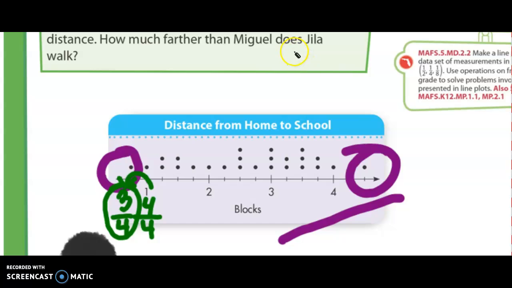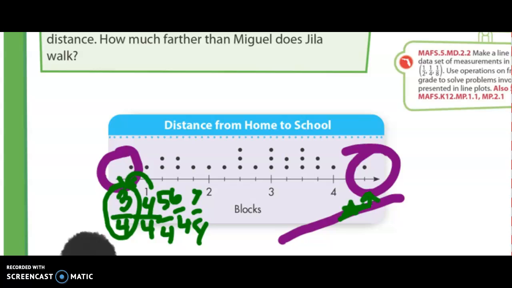Now for Jilla, she is the farthest one along. She walks more than 4 miles. Now I could count all of these tick marks along the way and say this one's 5/4, and this one's 6/4, and 7/4, all the way till I get down here to where she was walking.